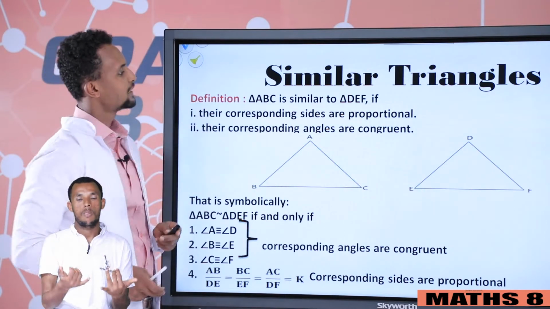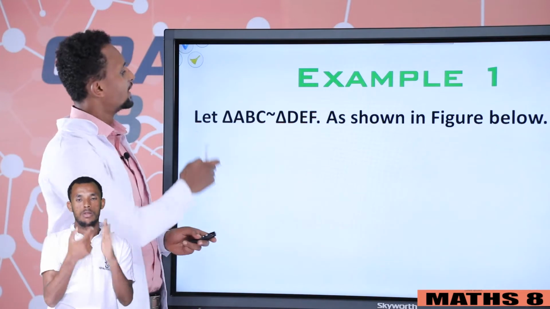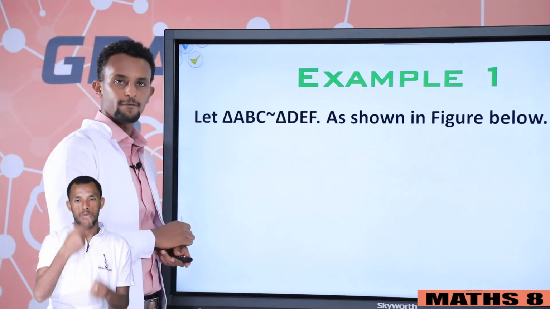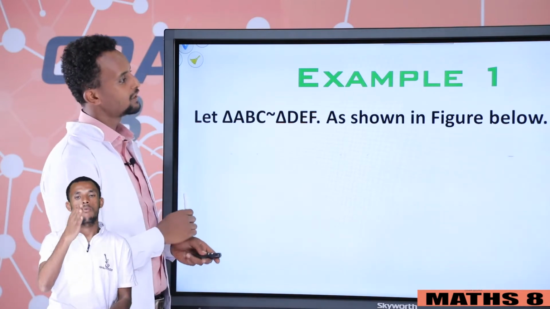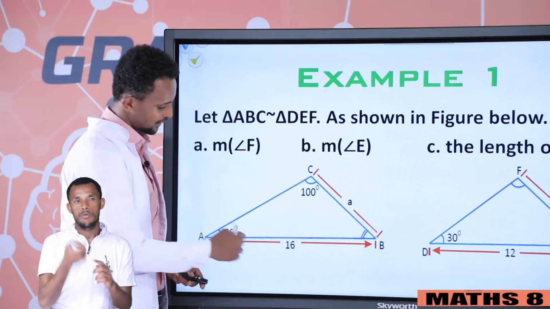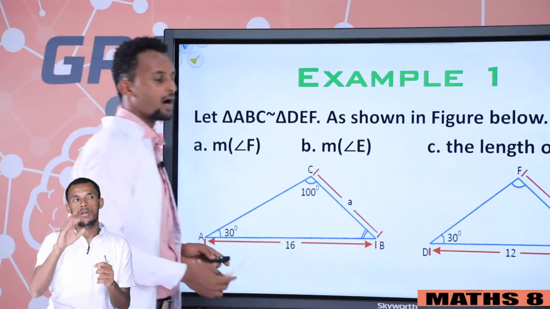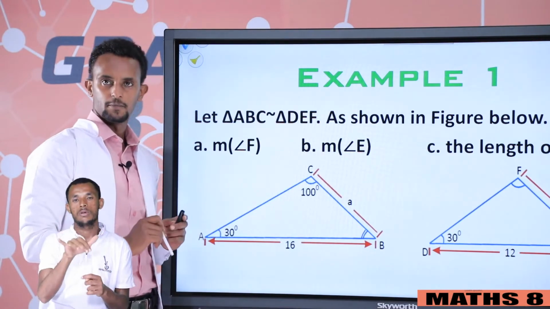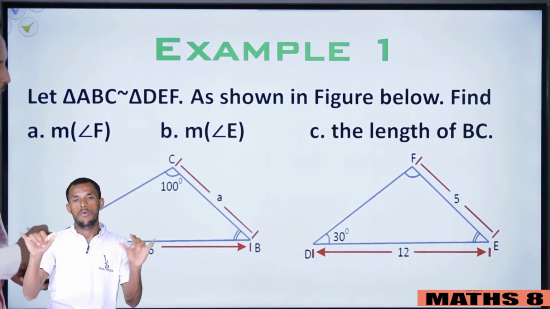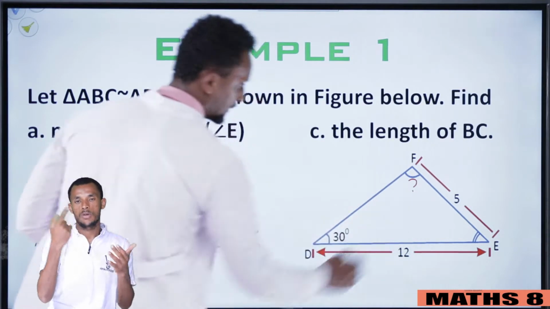Now, let's see one example. The example says, let triangle ABC be similar to triangle DEF, as shown in the figure below. Then find the measure of angle F. What is the measure of this angle?